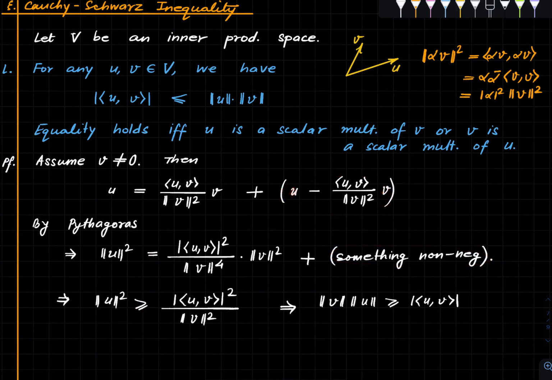So when v is non-zero, it follows that equality holds when u is a scalar multiple of v. And when u is non-zero, you can say the corresponding statement, and therefore this holds. Geometrically, equality holds only when these two vectors are aligned, as it should. Okay, so that's the Cauchy-Schwarz inequality.